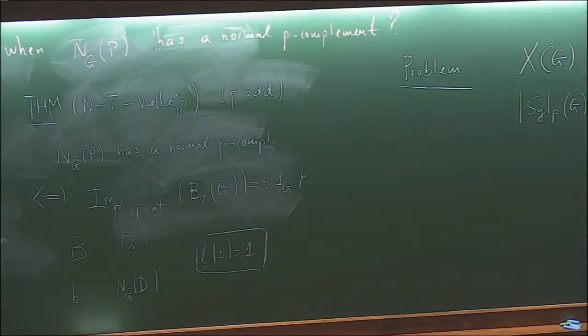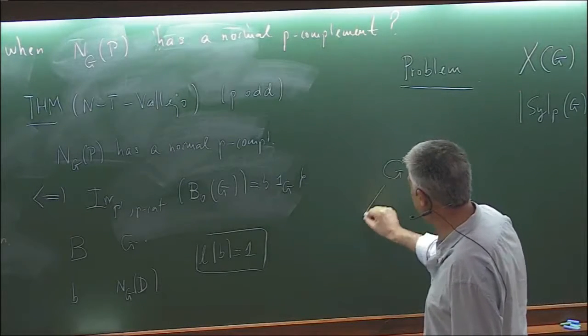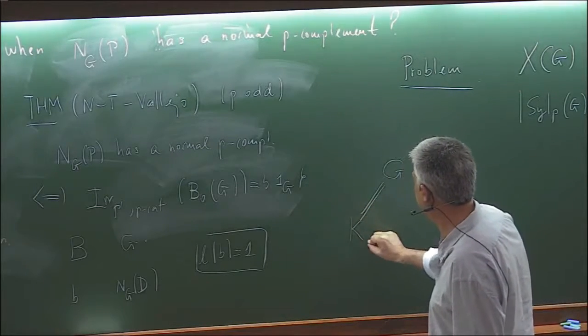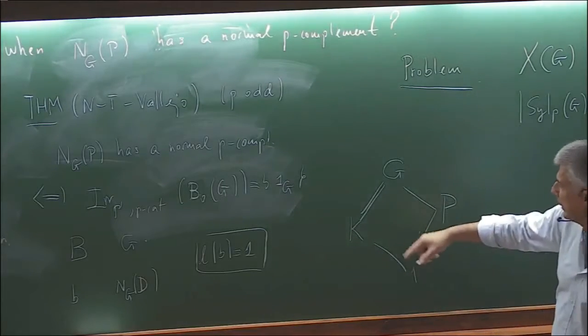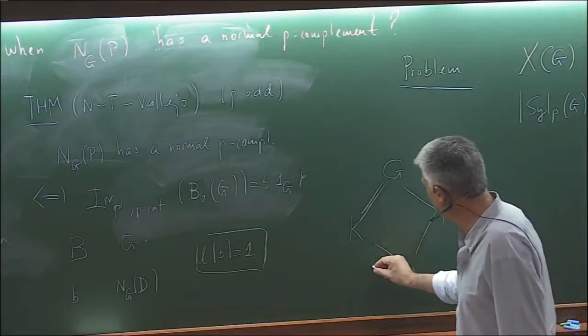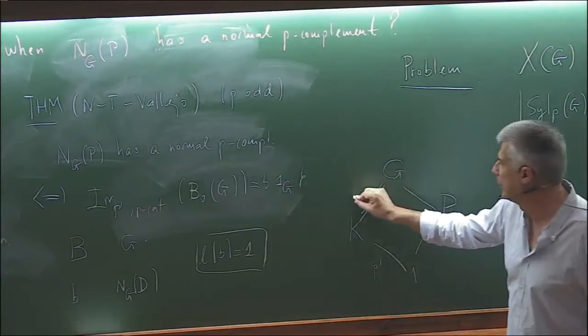We have been thinking on this problem for a while, and if you just go to the first interesting case, it's already a very difficult case. The first interesting case is when the group G, again, has a normal P complement. Normal P complement means that you have a normal P prime subgroup with index a power of P.